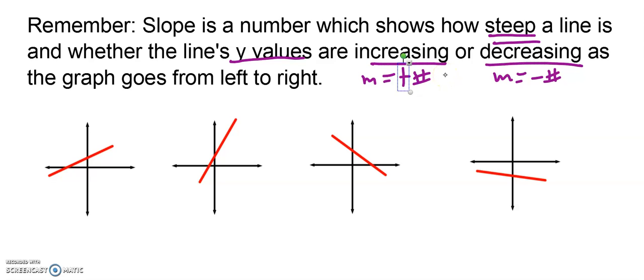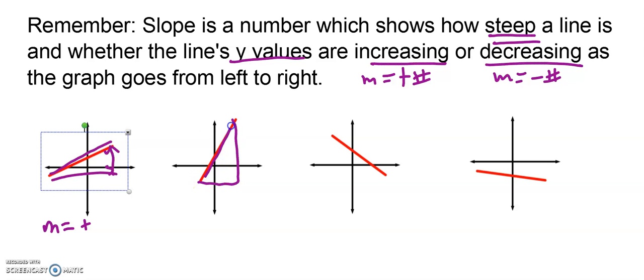So, here are 4 basic examples. Here, since my line is going uphill, my y values are getting bigger as I go from left to right. We always go from left to right. I would say this would have a positive slope. This line as well has a positive slope since I'm going uphill from left to right.